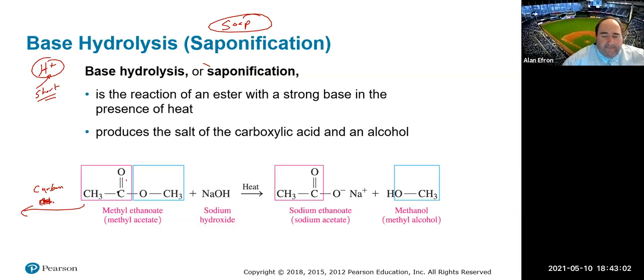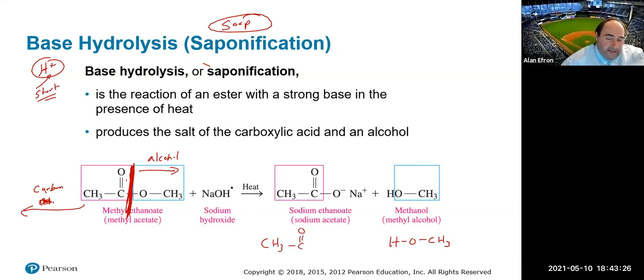You can still think of this the same way: I'm going to split it here. On the base part, I'm going to get my alcohol back. So basically, we're going to take the H and pop it back onto that guy, just like that. On the other side, we have this that's left over.